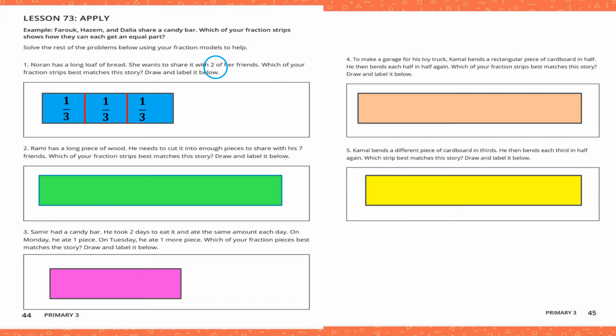Question number 2. Rami has a long piece of wood. He needs to cut it into enough pieces to share it with 7 friends. So we have Rami and 7 friends. Share with means Rami also will take a part. How many total persons now?